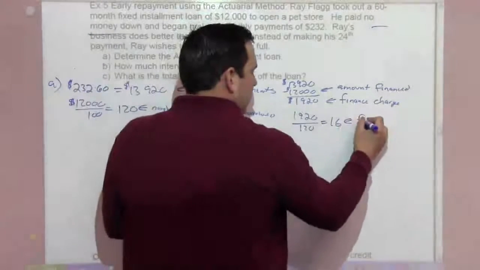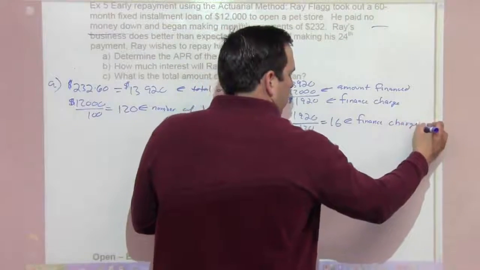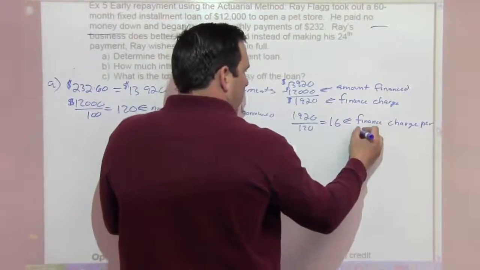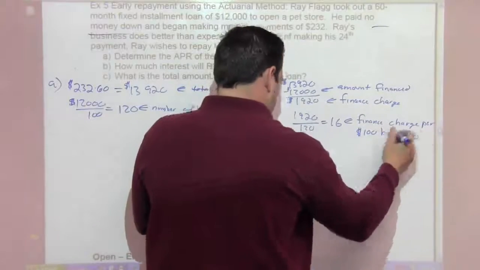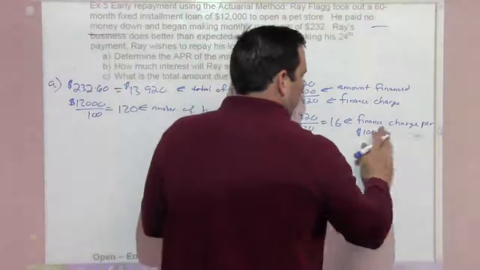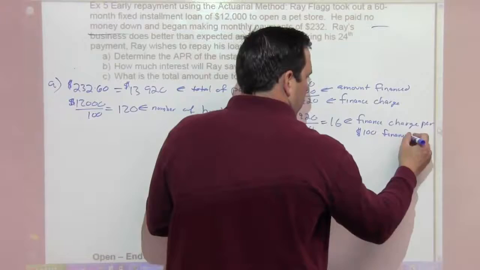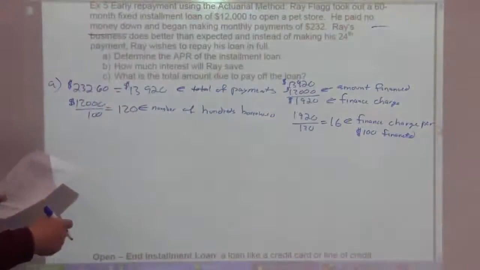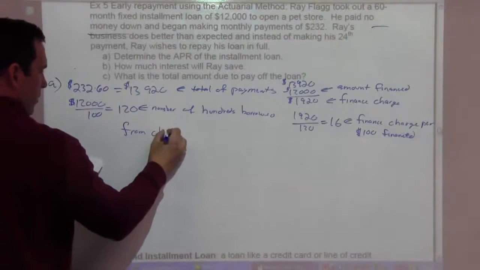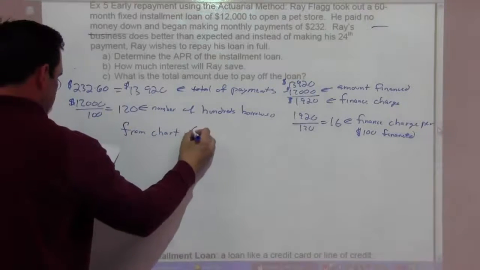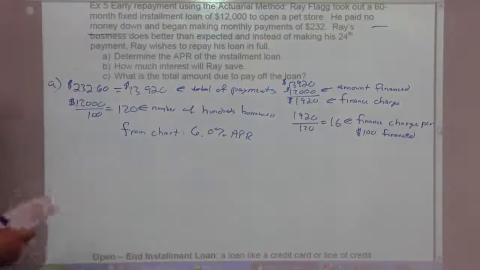This is our finance charge per $100 financed. So from the chart, that's a 6% APR. I'm not going to go back to the chart; I hope we can see that by now.